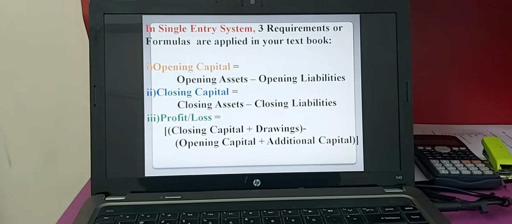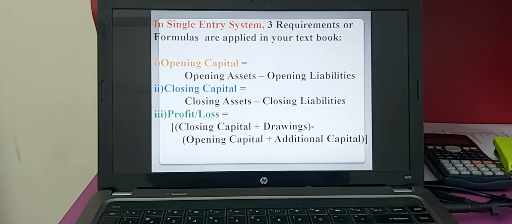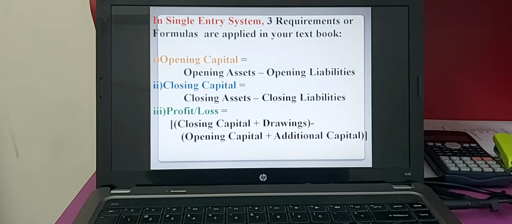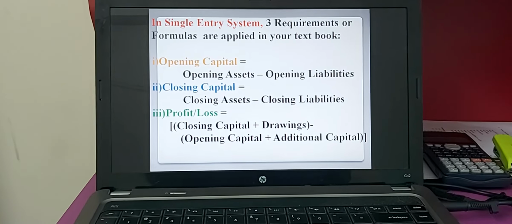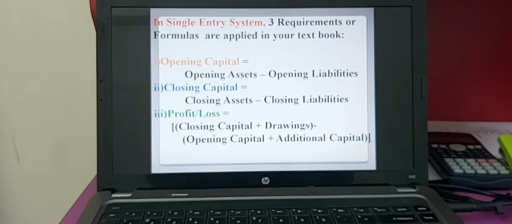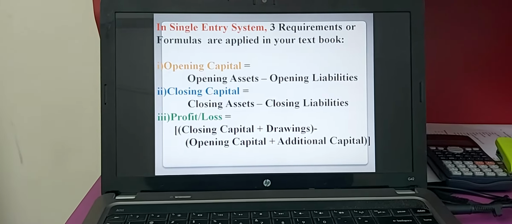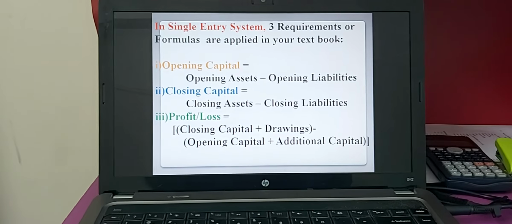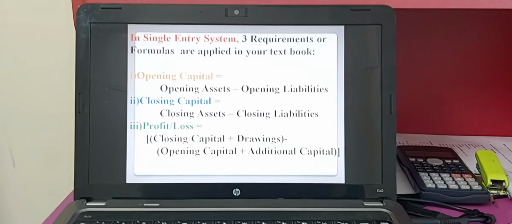Number 1, opening capital, that is the beginning capital or initial capital. This formula is opening assets minus opening liabilities. I repeat again, opening capital is equal to opening assets minus opening liabilities.